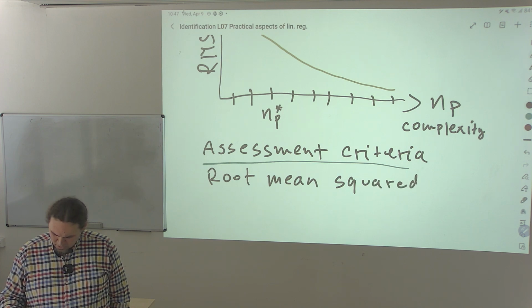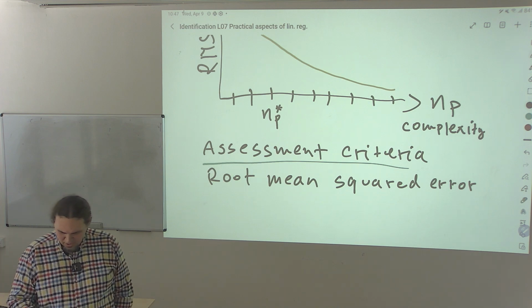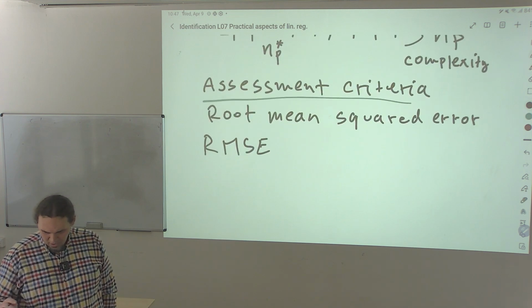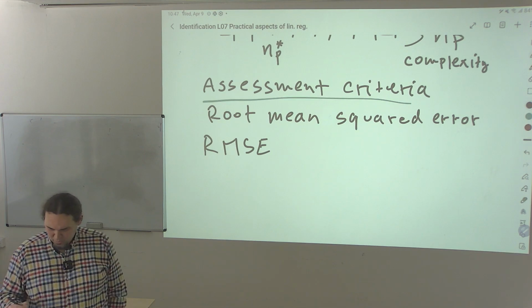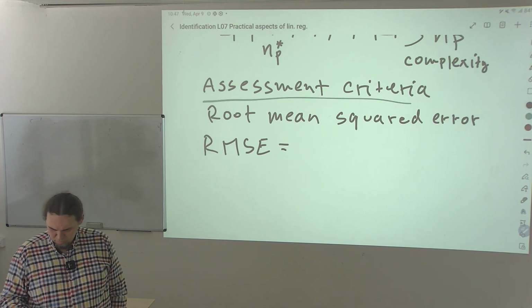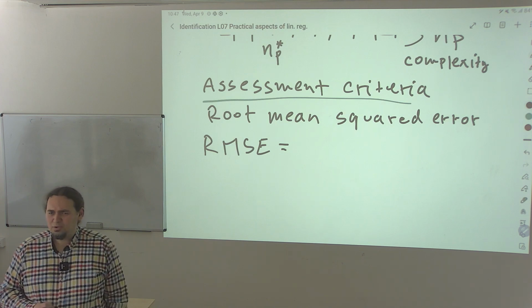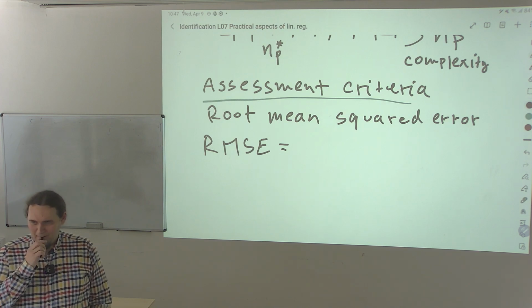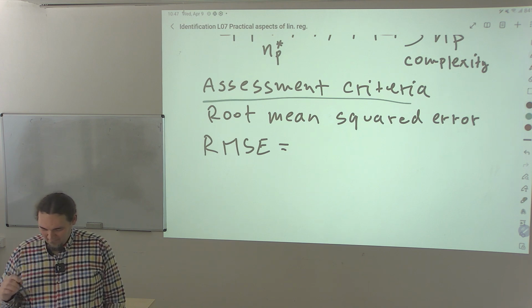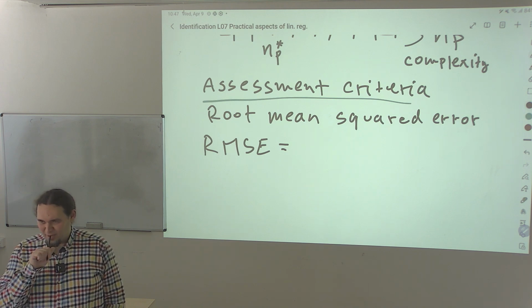Root mean squared error. So RMSE, or root mean squared prediction error. Sometimes there is even this P pronounced. How do we calculate it? Anybody recalls?